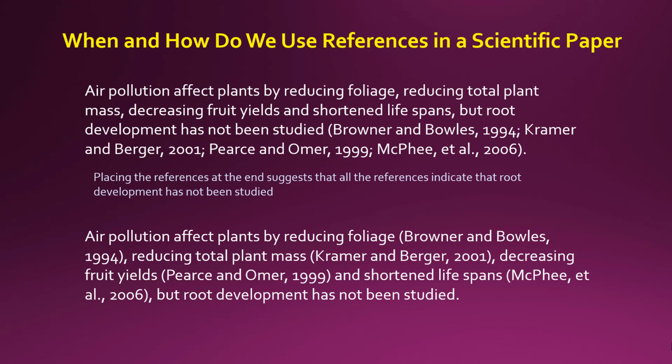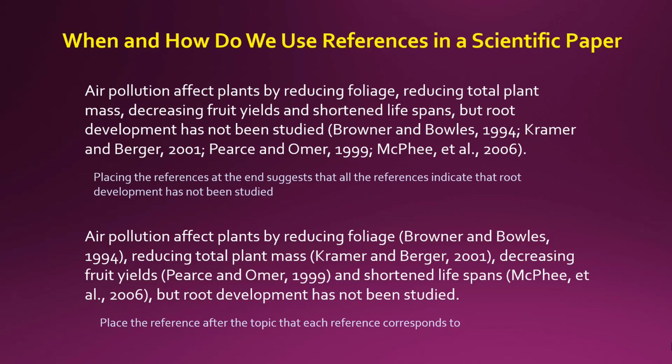So a better way to phrase the sentence and insert the references is this last example. Air pollution affects plants by reducing foliage, Browner and Bowles, 1994, reducing total plant mass, Kramer and Berger, 2001, decreasing fruit yields, Pierce and Omer, 1999, and shortened lifespans, McPhee et al., 2006, but root development has not been studied.